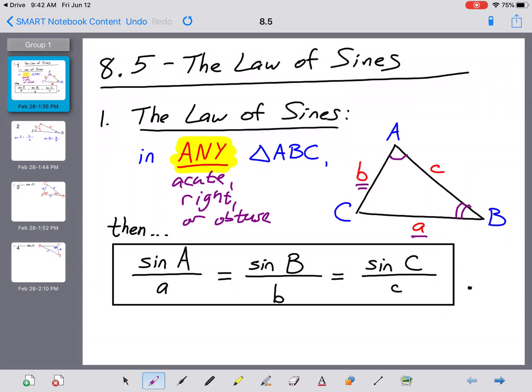And furthermore, even though we don't usually do all three parts of it at once, that ratio is equal to the sine of the third angle, angle C, divided by its opposite side, which is little c. Now this is a pretty useful piece of information to have in the arsenal, everybody. We can use it to solve for missing sides in any triangle, not just in right triangles.